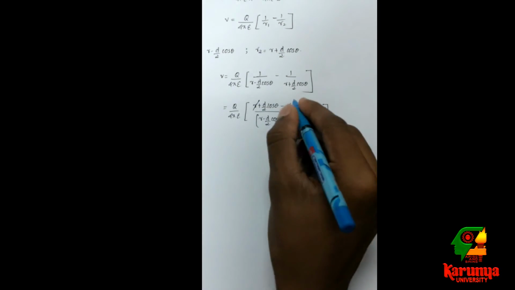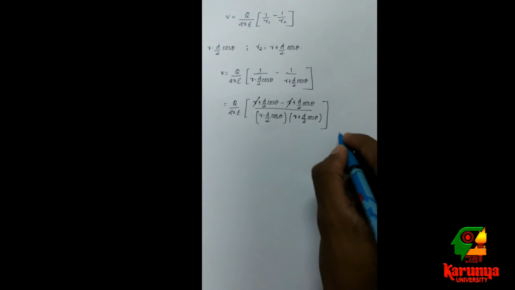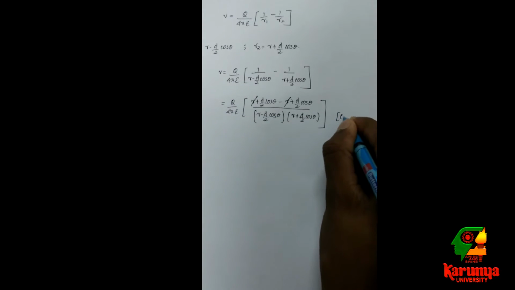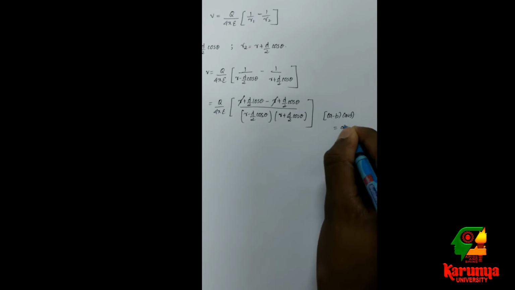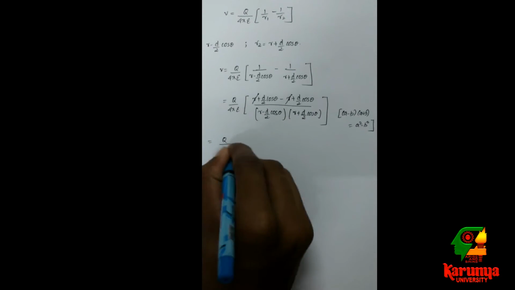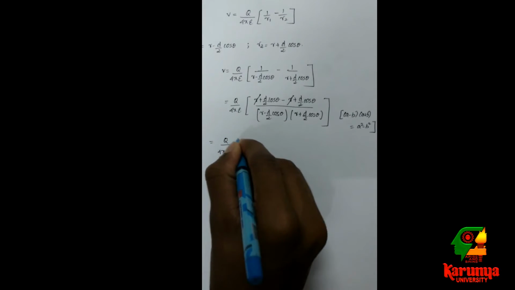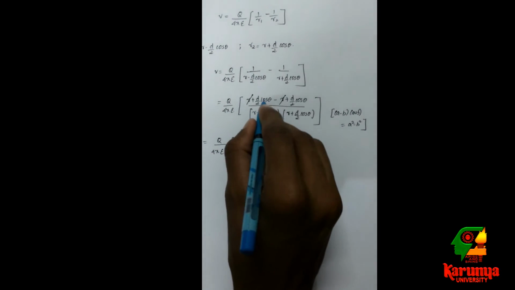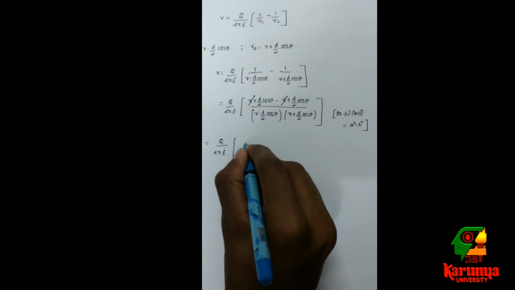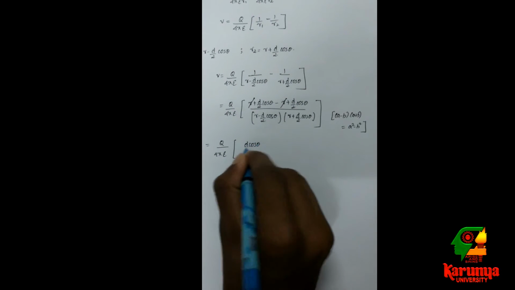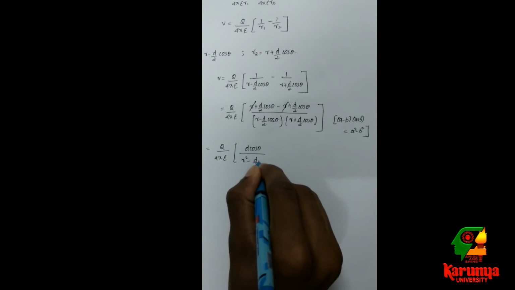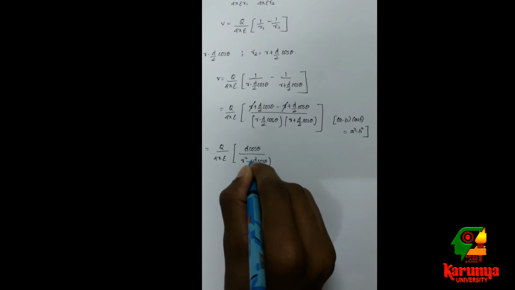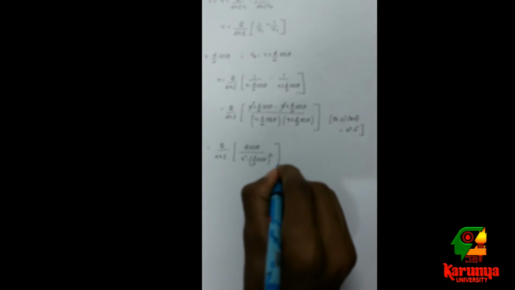Now here r and r get cancelled. The denominator is in the form of a minus b into a plus b, that is equal to a square minus b square. So we can write it as q by 4 pi epsilon into d by 2 cos theta plus d by 2 cos theta, that is d cos theta, divided by r square minus d by 2 cos theta the whole square.